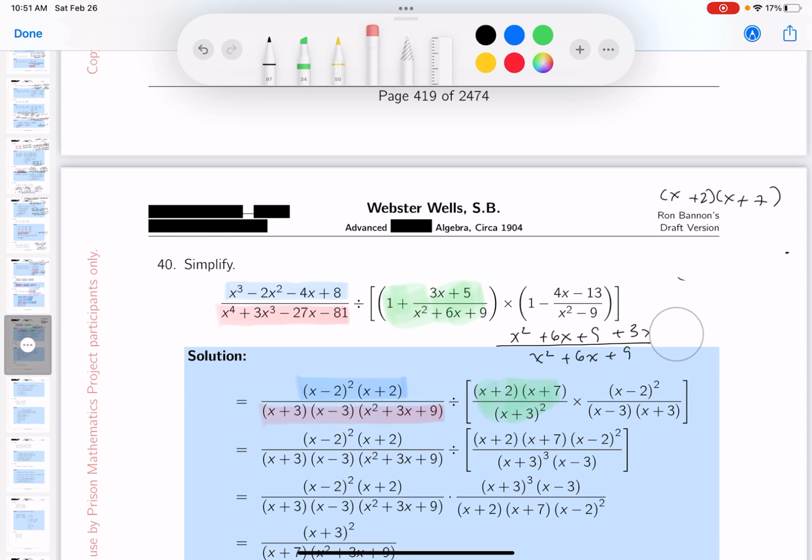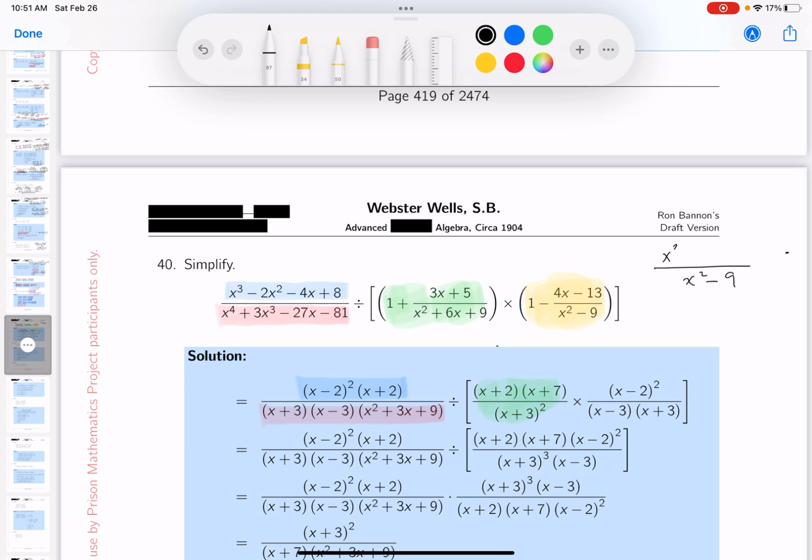Again, we're just getting the matching game done. Let's do this guy over here. I'm getting a little better at this now. Let's write this down: x squared minus 9, and on top, x squared minus 9 minus 4x plus 13. On the bottom, the factored form is x plus 3, x minus 3.